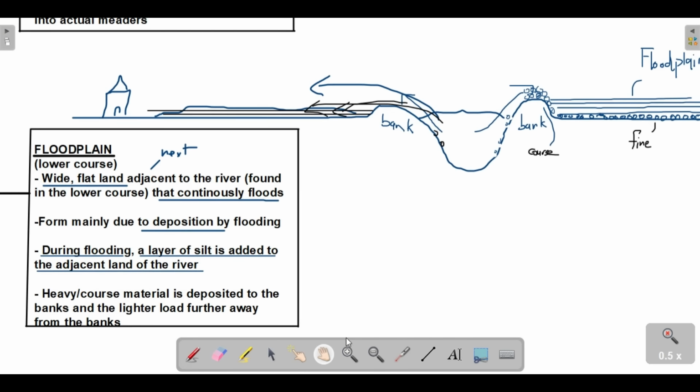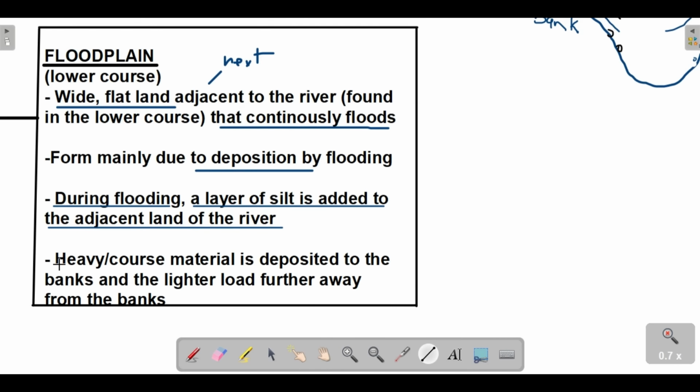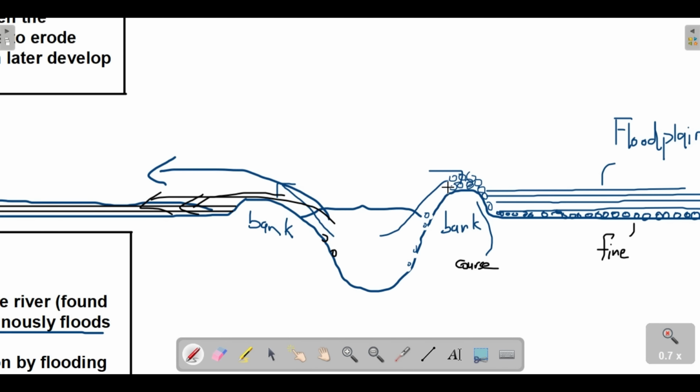Now, during this whole process, we said that heavy material is deposited on the banks, and the lighter load further away from the banks. Let's focus on the heavy material part, because this results in raised banks. If you continuously deposit heavy material on the banks, they will result in raised natural banks, so they end up forming that structure, which we call natural levees.